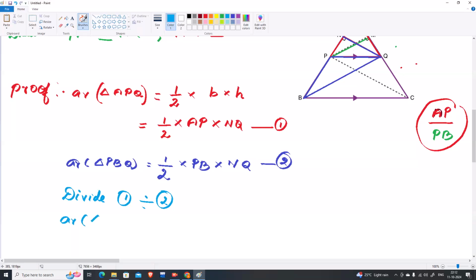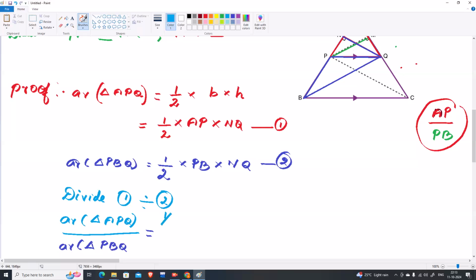The first is the area of triangle APQ by the area of triangle PBQ.